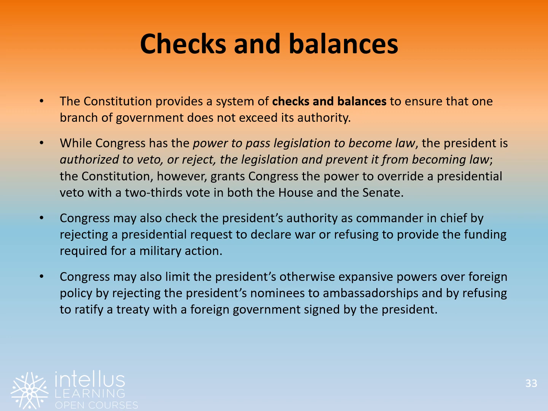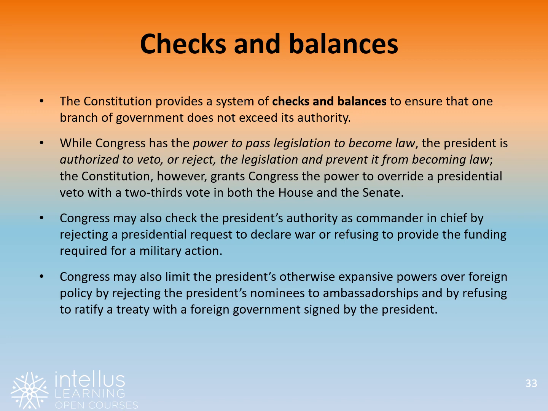So while Congress has the power to pass legislation to become law, the president is authorized to veto or reject the legislation and prevent it from becoming law. The Constitution, however, grants Congress the power to override presidential veto with a 2/3 vote in both the House and the Senate.